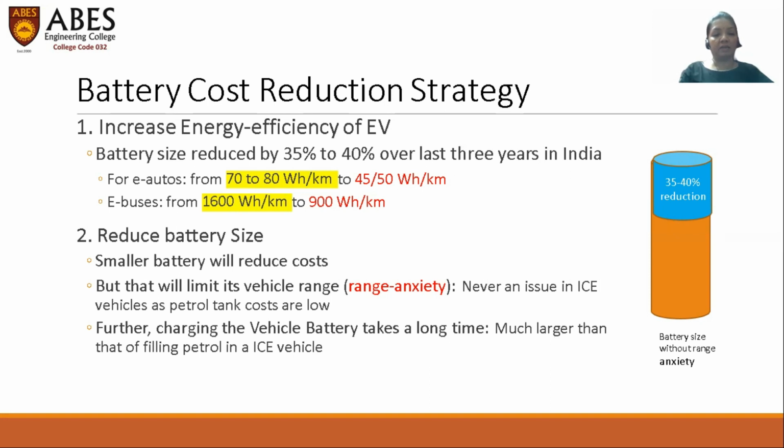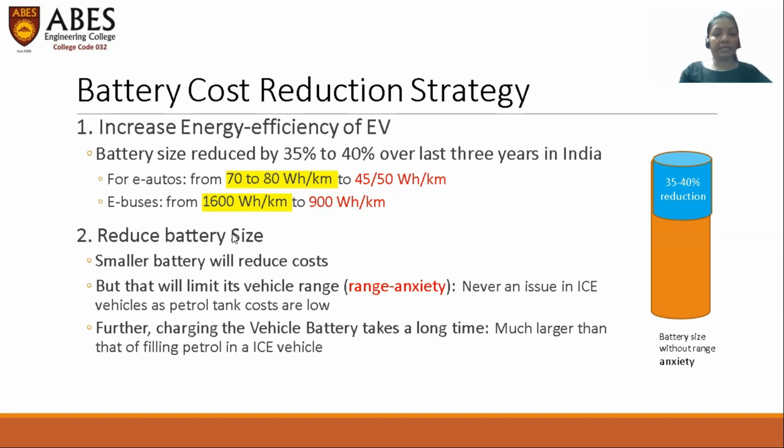Similarly, in e-buses, earlier 1600 watt hours per kilometer were required, whereas now it is 900 watt hours per kilometer, and this has been possible by more efficient electric vehicle design.